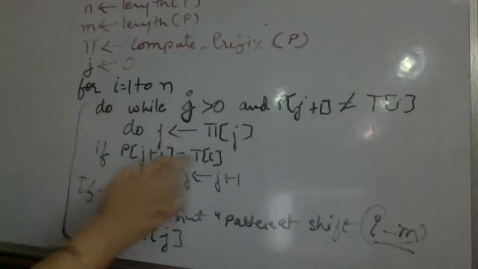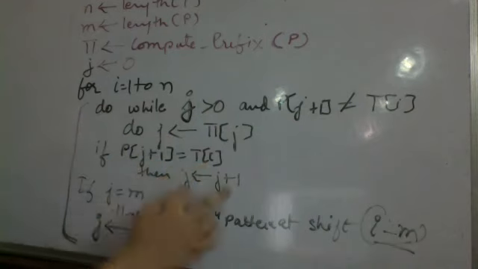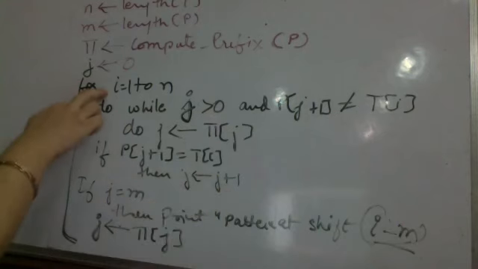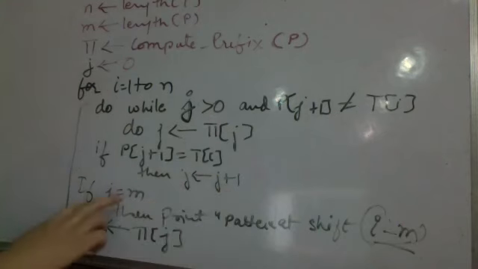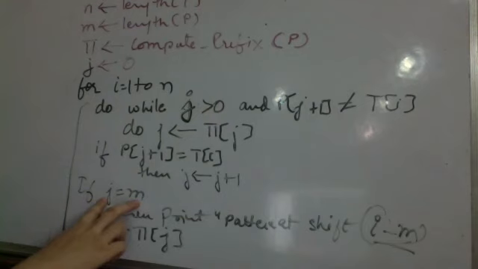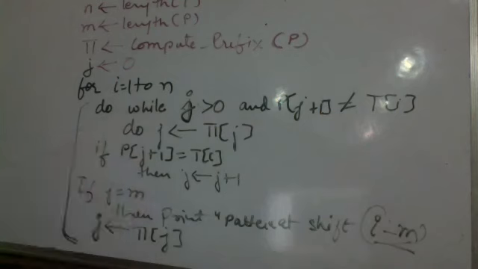In case J plus 1 is matching with I, increment J; I will be incremented automatically in the loop. In case J has reached the last value of the pattern, print pattern found at shift I minus M, and again reduce the value of J to the pi table value of the current location. Keep doing this and we'll be able to find all the possible occurrences of the pattern in my string.